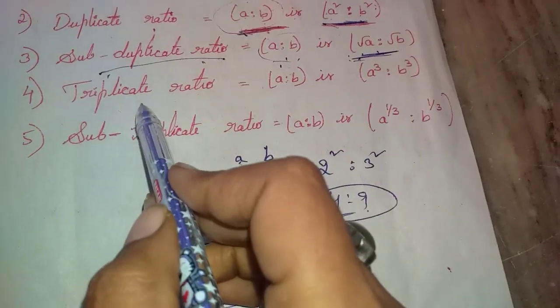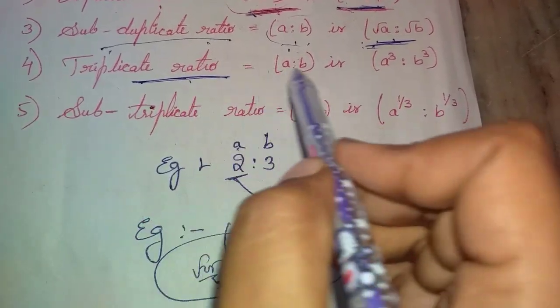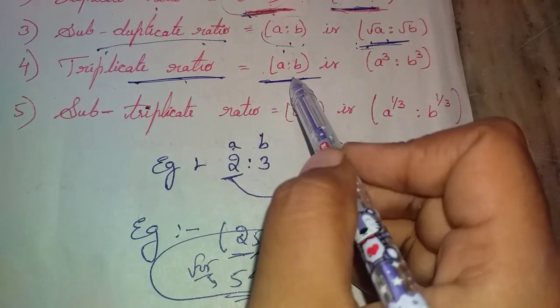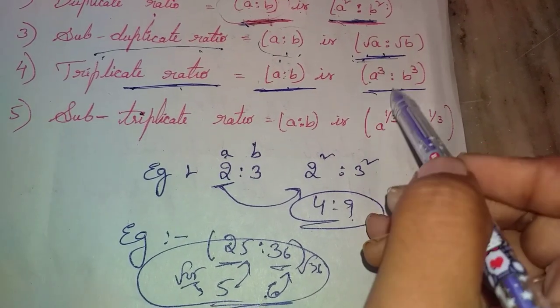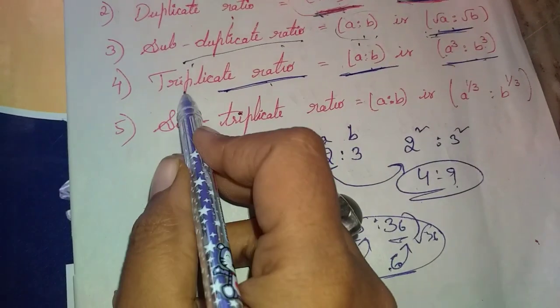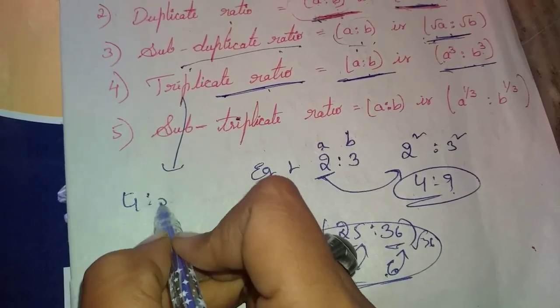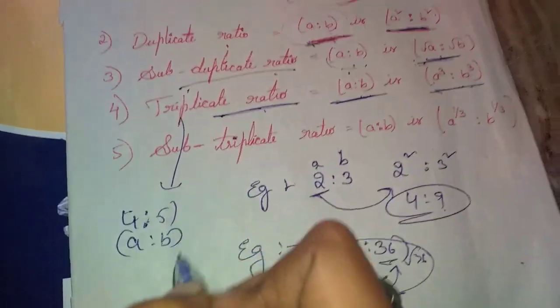Next coming to triplicate ratio. What is the triplicate ratio? If the given numbers are in the ratio, then the ratio of their cubes means A cube is to B cube. For example, given values, I am taking A is to B as 4 is to 5.